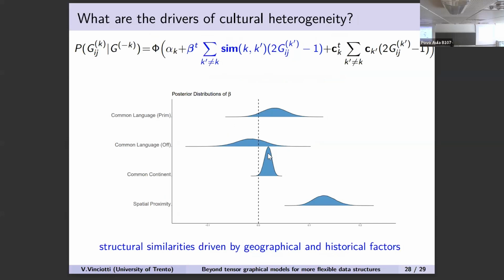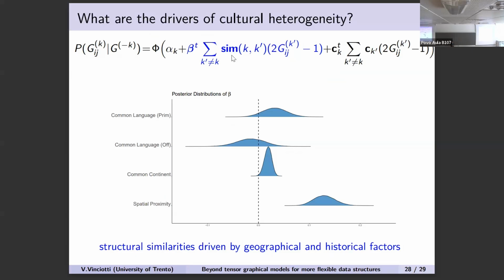So now the model becomes more complex. Before we had this latent space. Now we put in some measured distances, some measure of similarity, so 1 over the distance, for example. That tells us that if 2 countries are close to each other geographically, we expect the networks to be more similar.